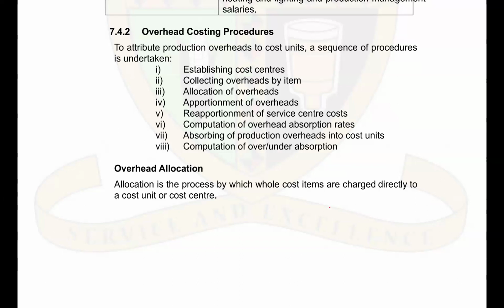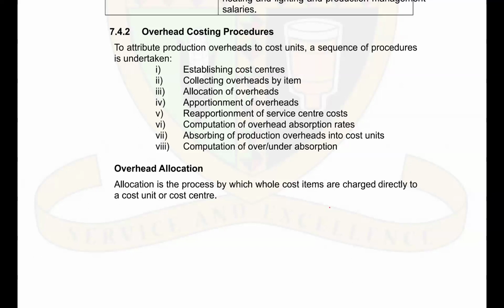Cost allocation is the process by which the whole cost item is charged directly to the cost unit or the cost center, like the whole cost of the item. Let's say the whole cost of the rent is charged to the particular company. Let's assume this company is renting the building or the factory.